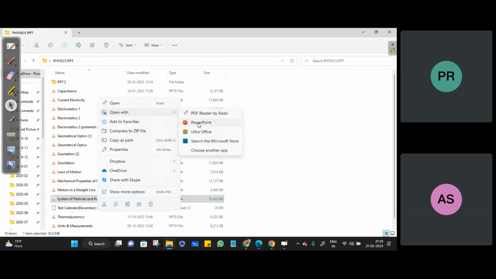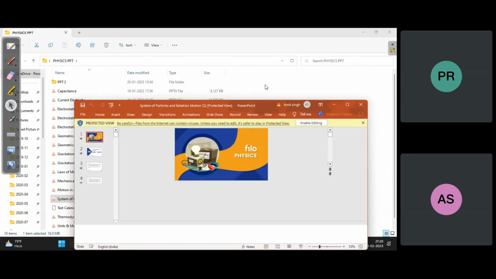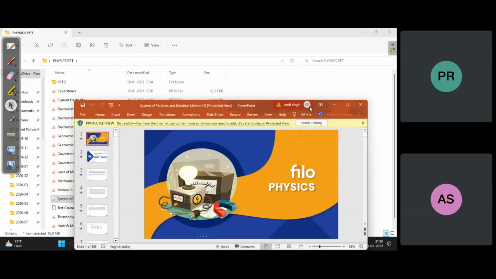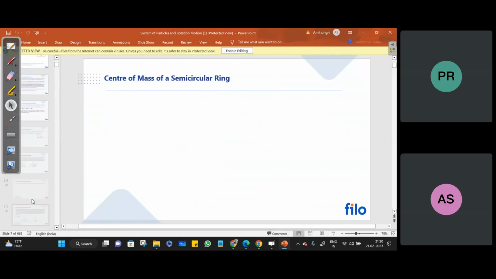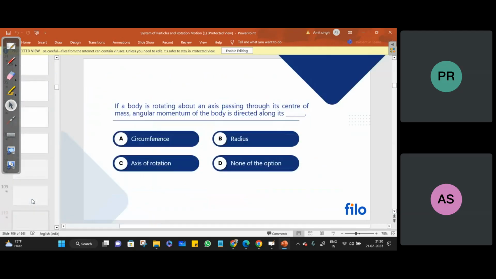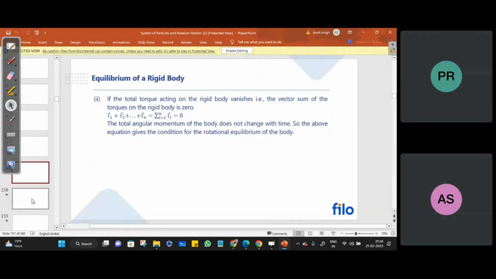Vector product always gives a vector. It is a vector quantity. That's why we were talking about its direction being perpendicular to the plane of rotation, the plane of motion. Because it is a vector, only then it has direction. Okay, so after this we can go to some other.